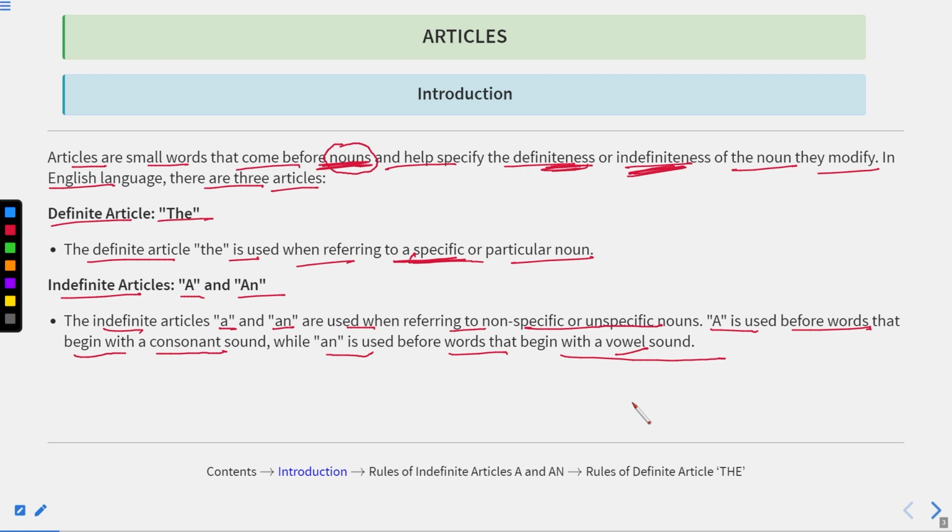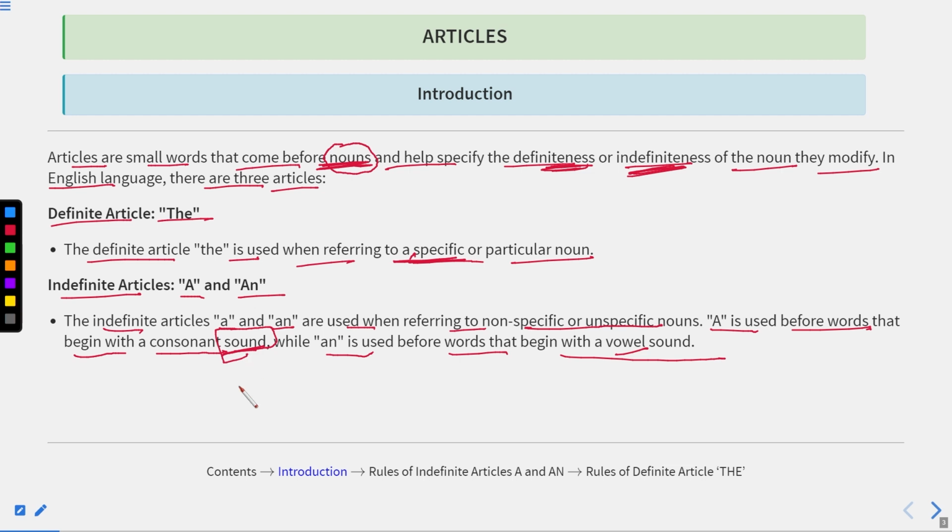Now, here we cannot say that a word which begins with a consonant should be preceded by A, and a word which begins with a vowel should be preceded by N. No, it is not like that. Actually, the most important thing in vowel or consonant is the sound, when we are pronouncing that particular word.